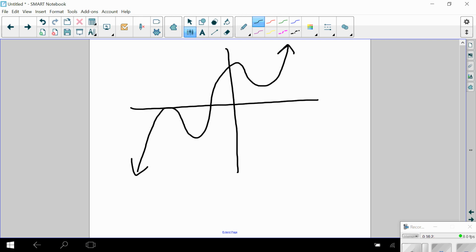Tell me everything that you can about this graph. Hit pause. Okay, I know it's going to have an odd degree because my end behaviors are going in opposite directions. I have 1, 2, 3, 4 turning points, so I know it's to the 5th degree, which means I have 5 solutions.